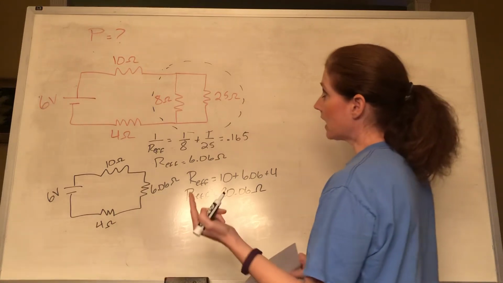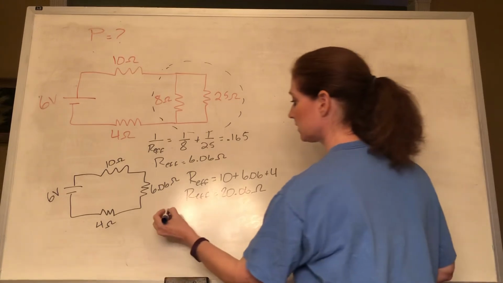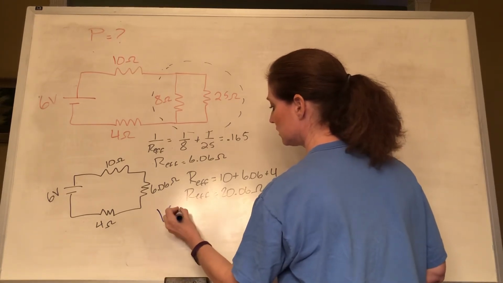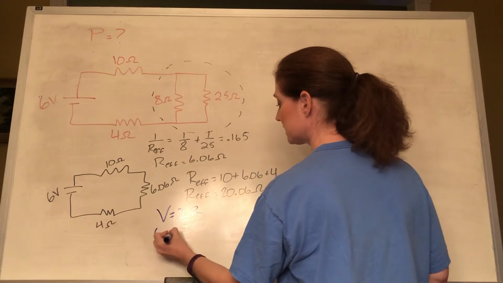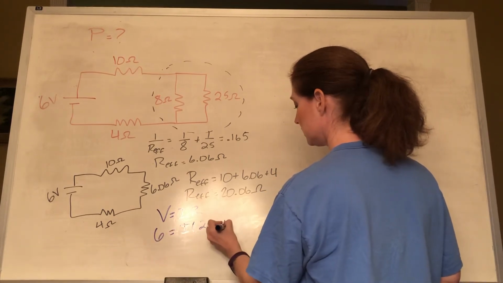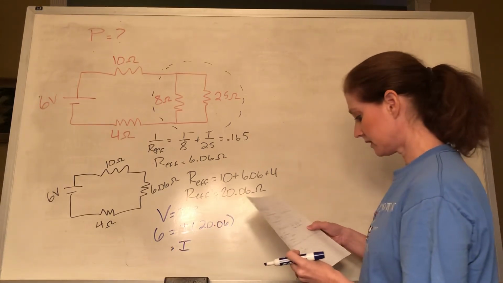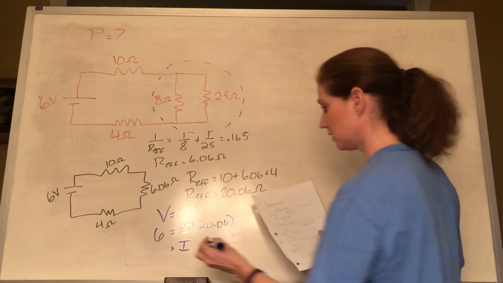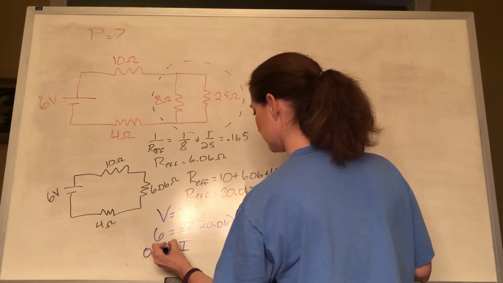All right, so I need to find my current. So V equals IR, and we have 6 equals I times 20.06, and I is going to come out to be, it's like 0.3 amps.